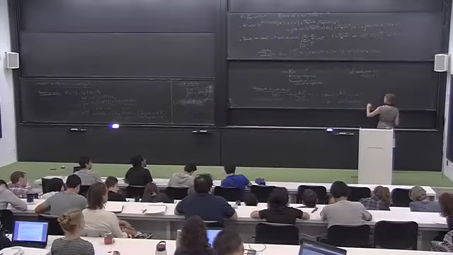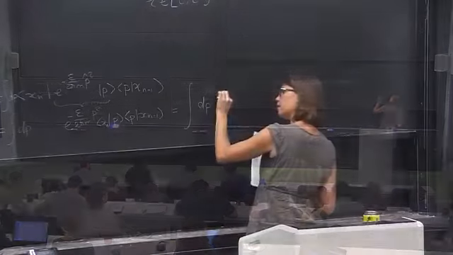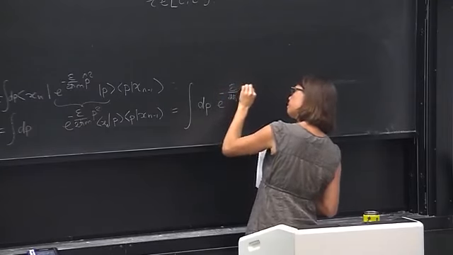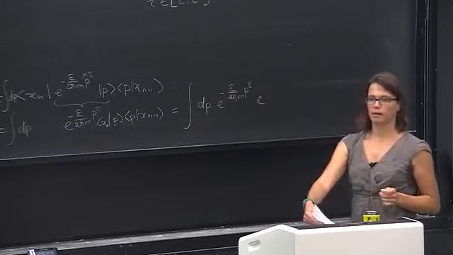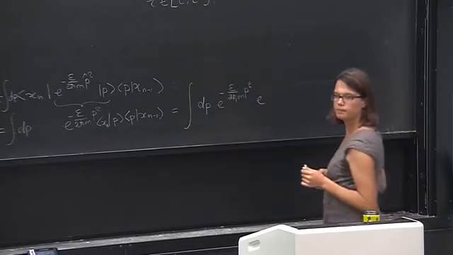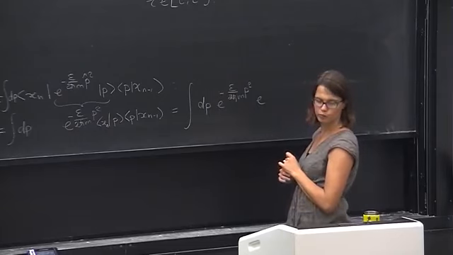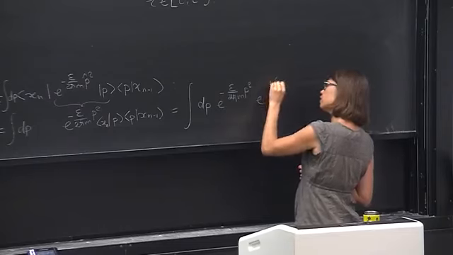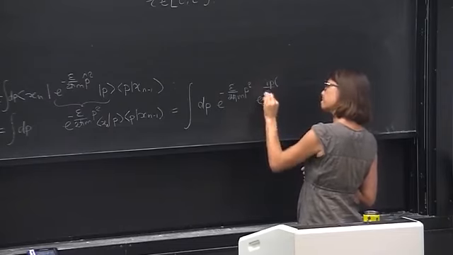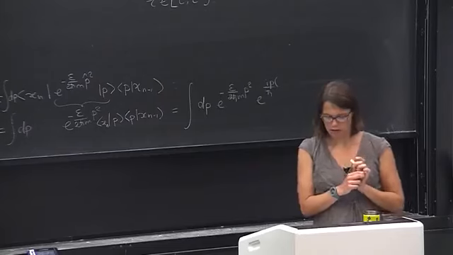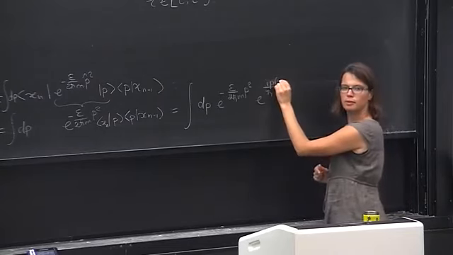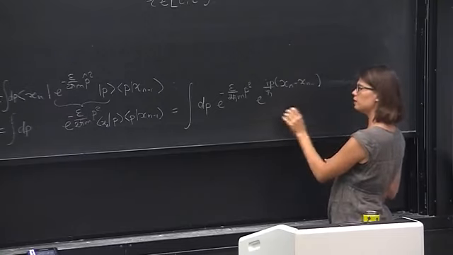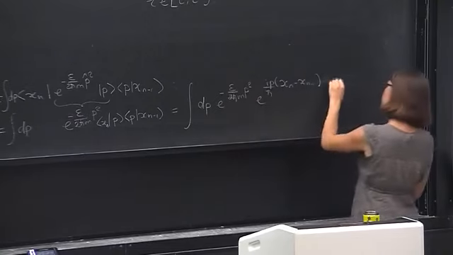So what is the final result here? I get minus epsilon p squared and e to the i over h bar x p. What is the sign now? x_n minus x_n. Yeah. Okay, and I'm missing a normalization factor.